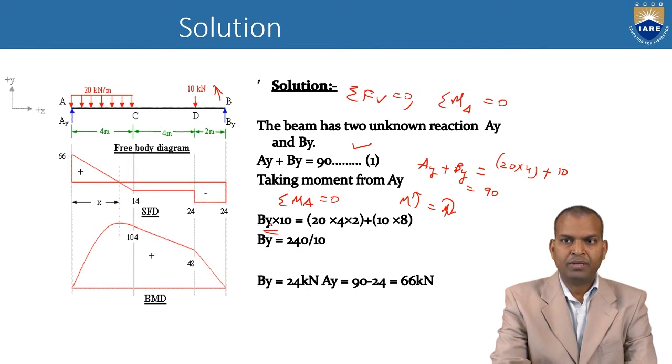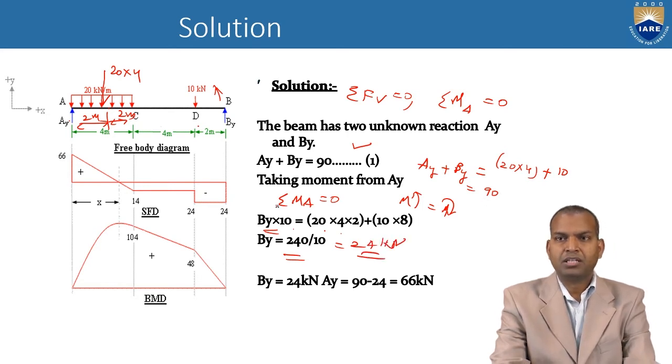The anticlockwise moment is BY into 10, equal to the clockwise moments, that is 20 into 4, the UDL converted into a concentrated load, acting at half the distance, that is 2 meters. So 20 into 4 into 2 plus 10 into 8, the distance from point D to A, that is 10 kilonewtons into 8. From this equation, BY can be obtained, that is 24 kilonewtons.